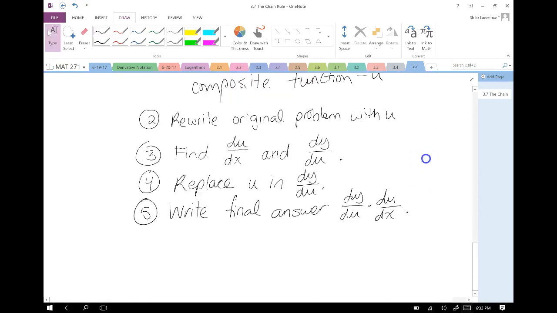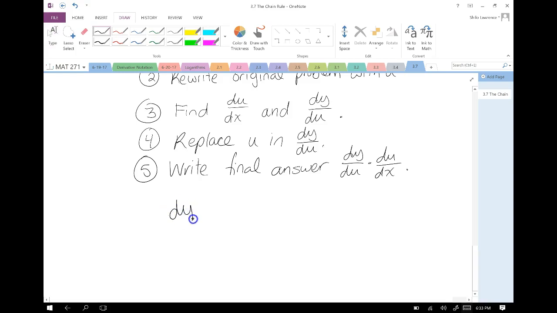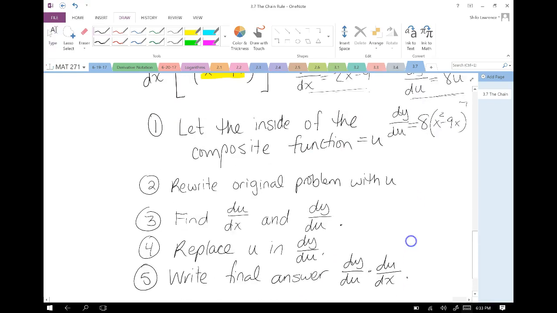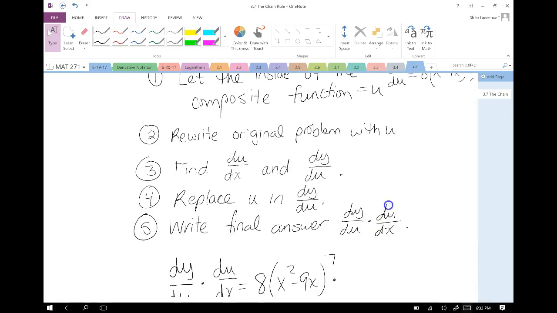So our final answer is dy du times du dx, so 8 times x squared minus 9x to the 7th, and then times 2x minus 9.